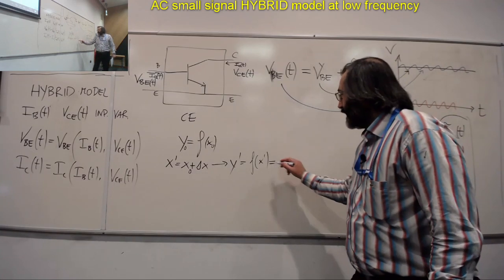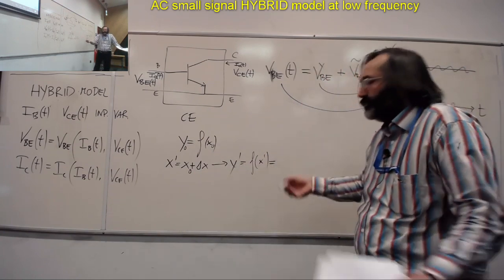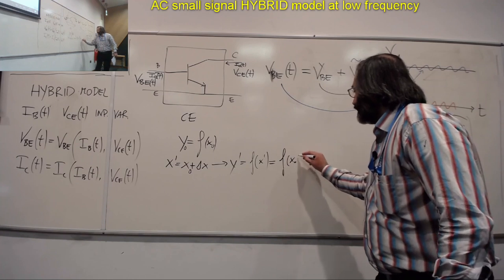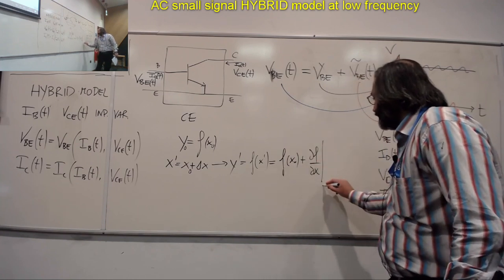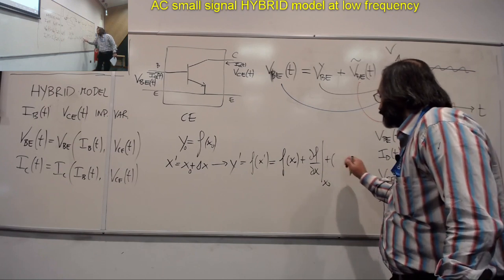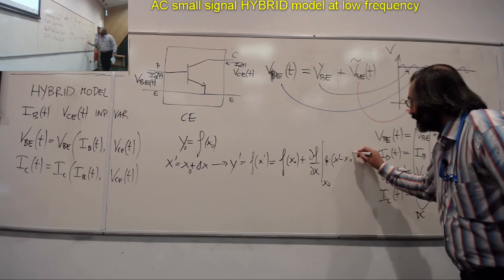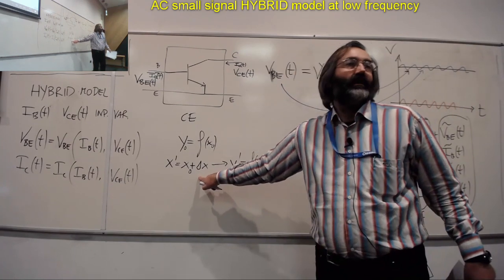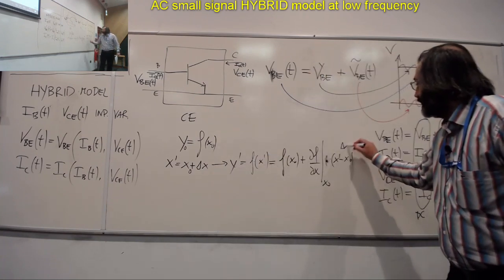So I could Taylor expand f around x0, and what I would write, according to Taylor's theorem, is f of x0 plus df/dx calculated at x0 times (x prime minus x0). And x prime minus x0, according to my initial starting assumption, is effectively delta x.